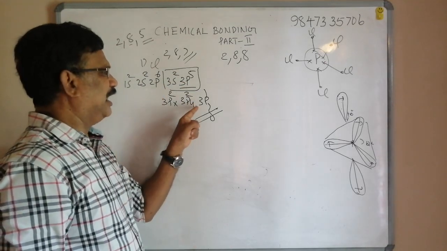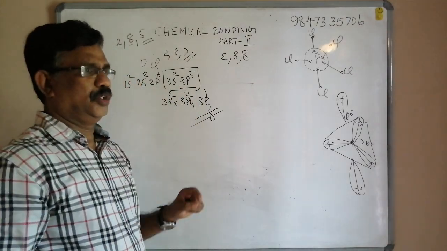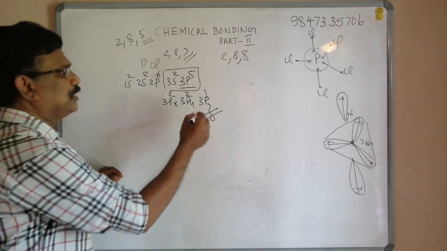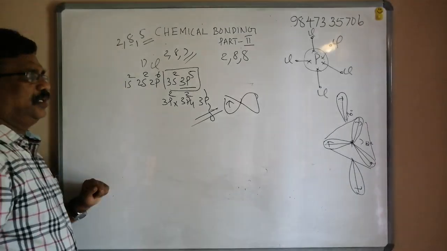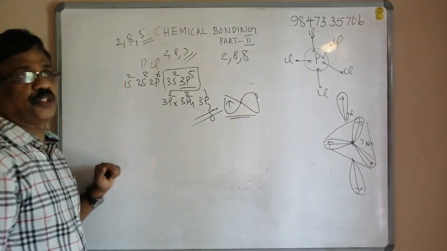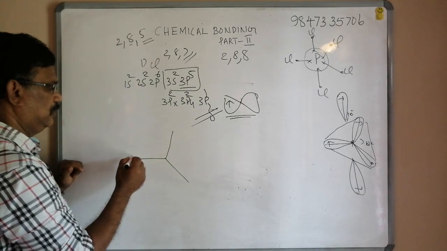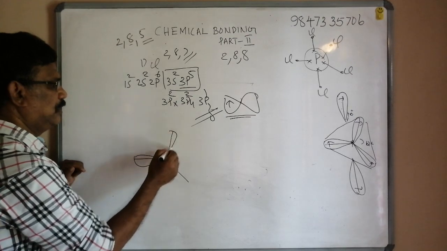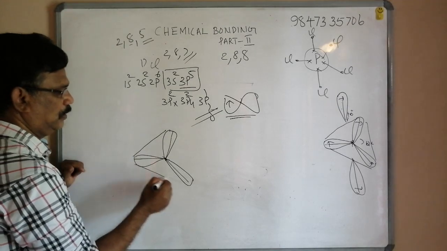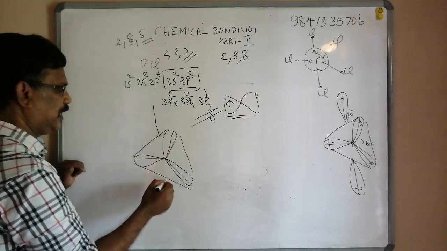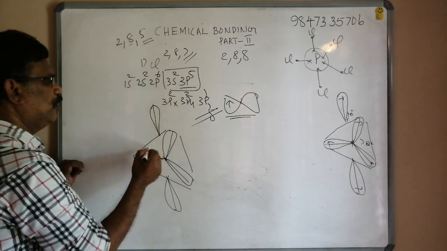So phosphorus is ready, and chlorine will go with this 3pz1 orbital to overlap with the phosphorus atom. 3pz is a dumbbell shaped pure orbital with 1 electron. This is chlorine's valence orbital. Phosphorus has 5 orbitals, same figure: axial positions above and below the plane.